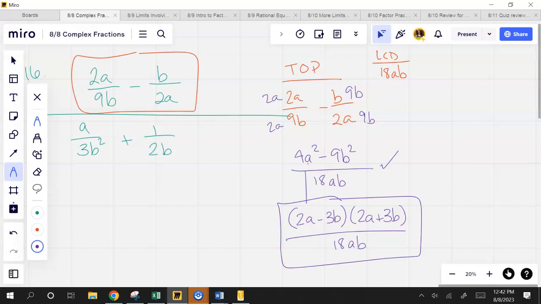The square root of the first one and the square root of the second one, and then you do the same thing, 1 plus and 1 minus. Yeah, go ahead and do the bottom if you got that one.